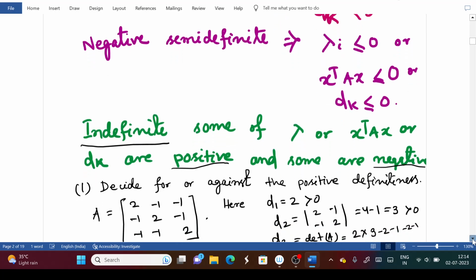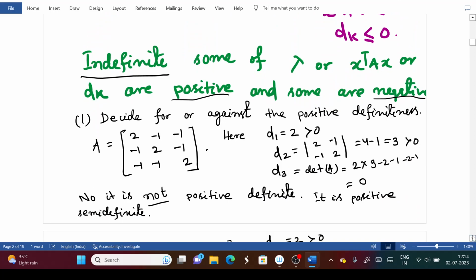Now let us verify some of the matrices. Decide for or against the positive definiteness of the given matrix A. Here A is given by 2, minus 1, minus 1, minus 1, 2, minus 1, minus 1, minus 1, 2. So here this is my D1, which is 2, which is positive.